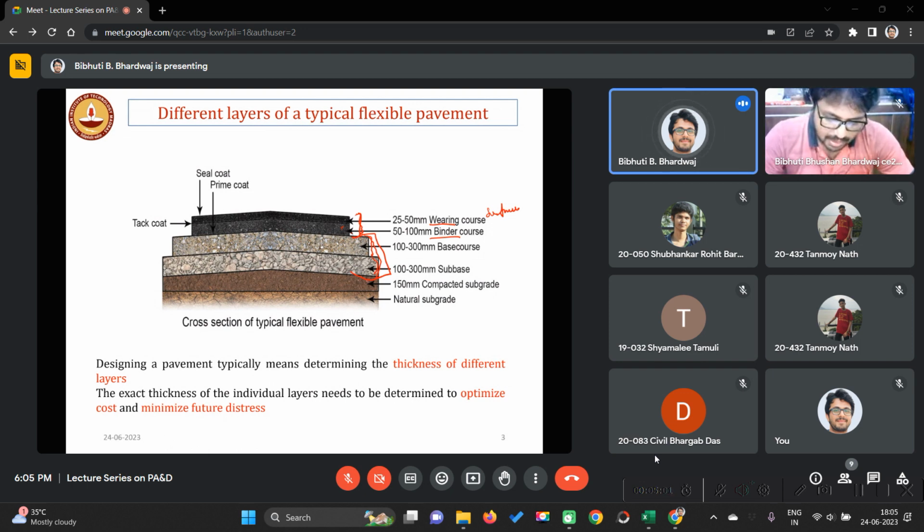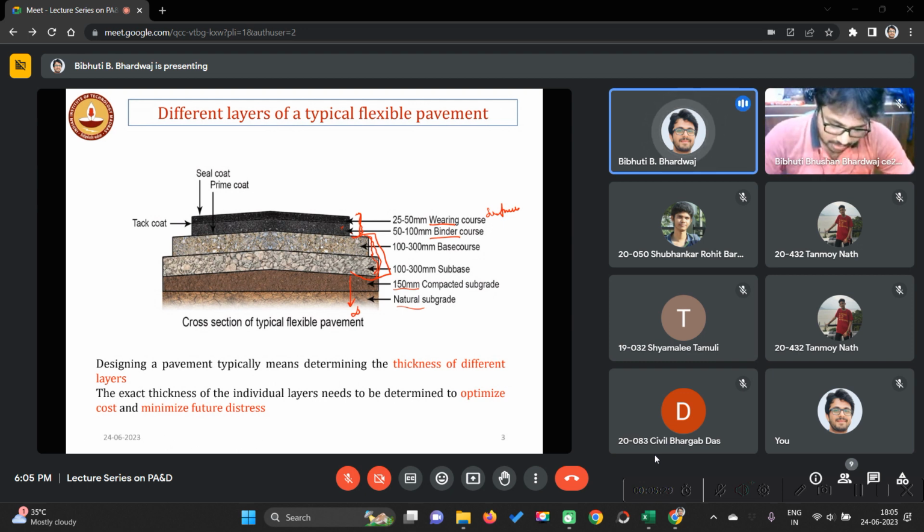And below that we have the subgrade. So compacted subgrade 150 mm, then the natural subgrade, that means the existing embankment. The thickness is really not taken into account, as you have seen in the analysis lectures, whether it is one layer theory or two layer theory, it is always considered infinitely deep. That means it is a half space, semi-infinite, right?